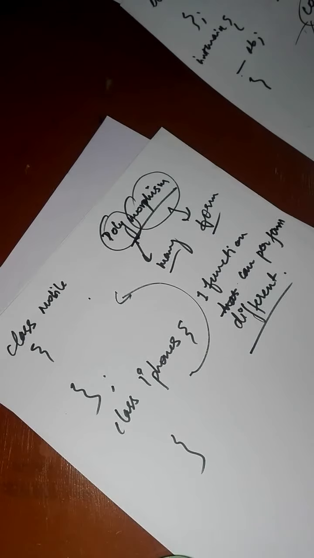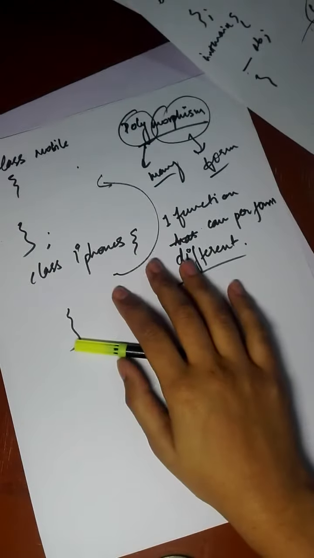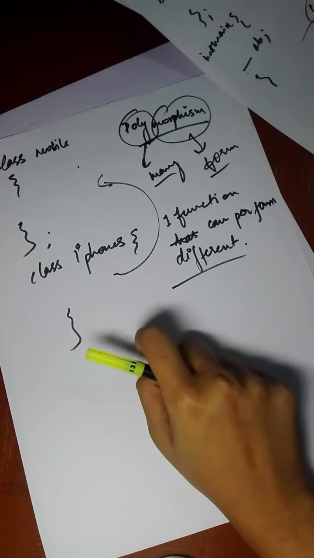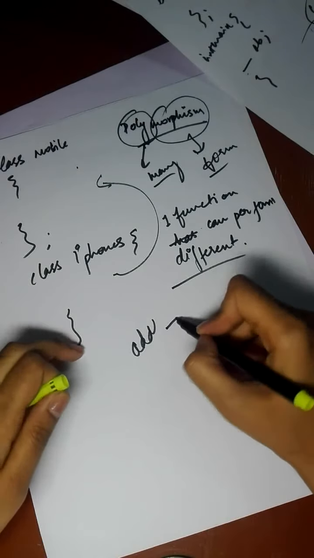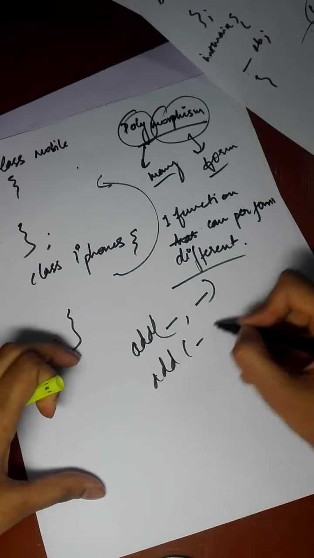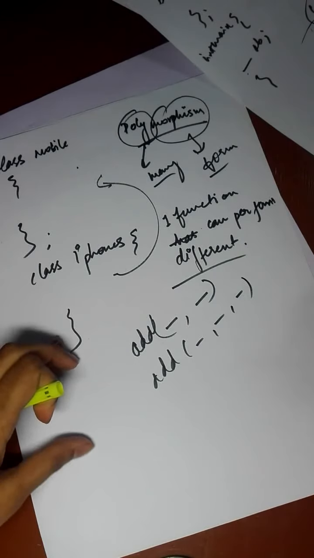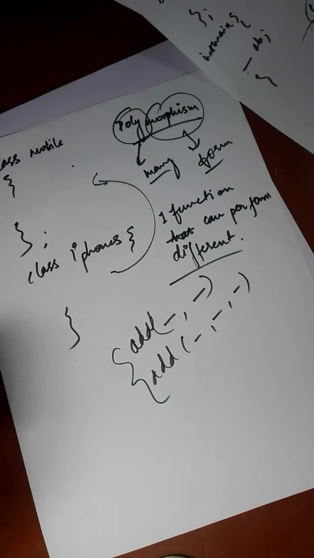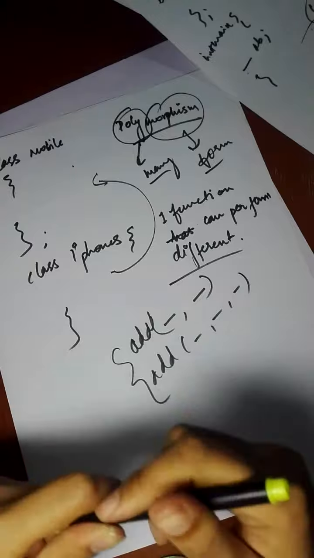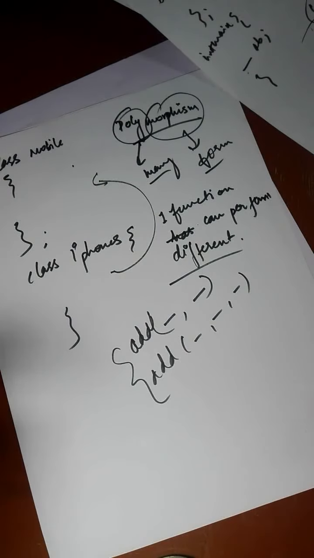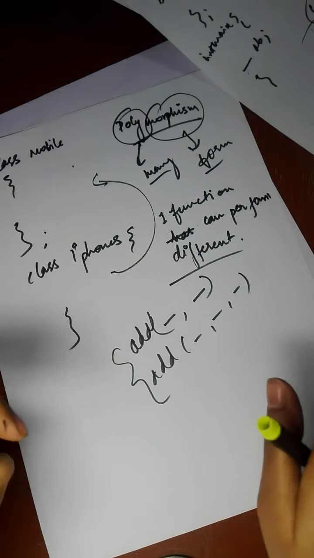Now when you apply it to C++ and coding, what it means is that one function called add can have 2 parameters, or add can have 3 different parameters. So this is what you mean by polymorphism, the basic structure. Again, polymorphism helps you to implement a function in different ways.